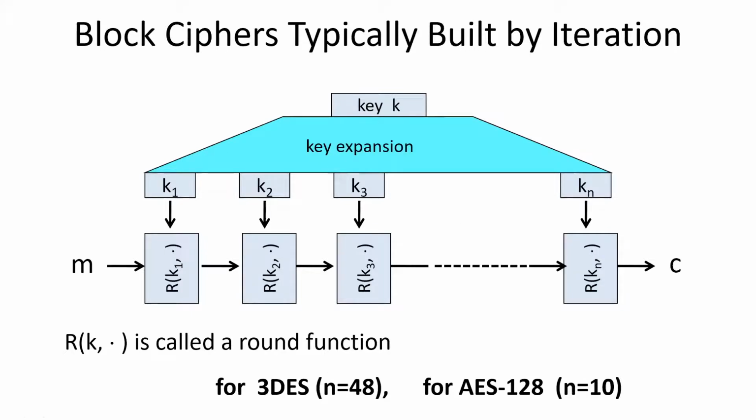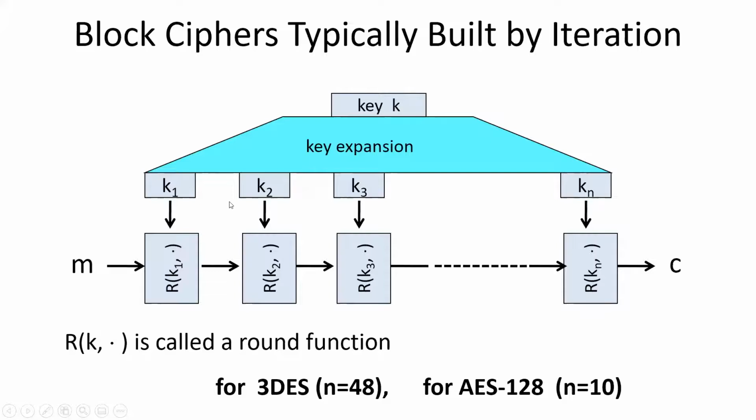The inside of the block cipher, we will come back to this, but let's just flash this picture for now. The way block ciphers typically work is that given a key, they use a key expansion algorithm, which basically expands it to create a series of keys.